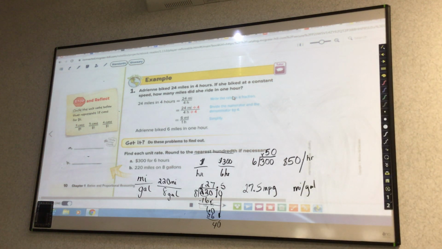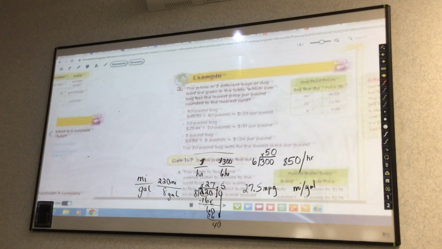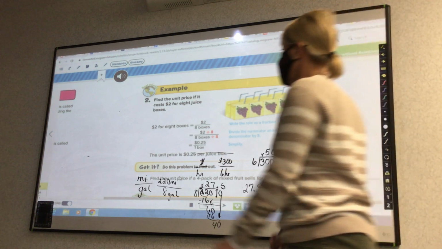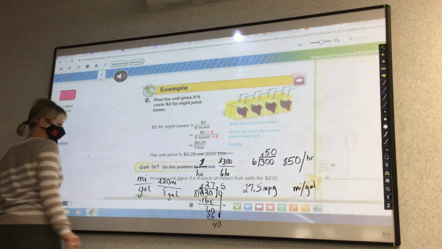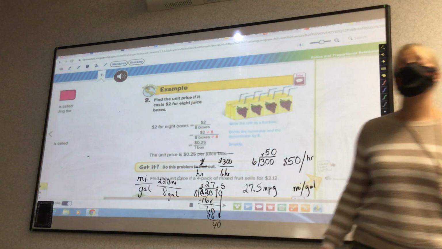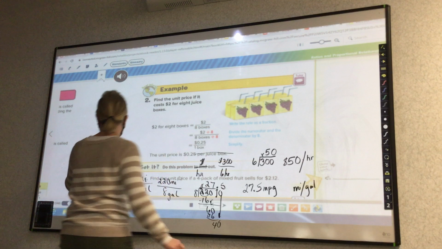Alright, look at the top of your next page. Our next example says finding the unit price of the cost if it costs $2 for 8 juice boxes. What always goes on top when I'm talking money? Dollars. Cost is always on top.